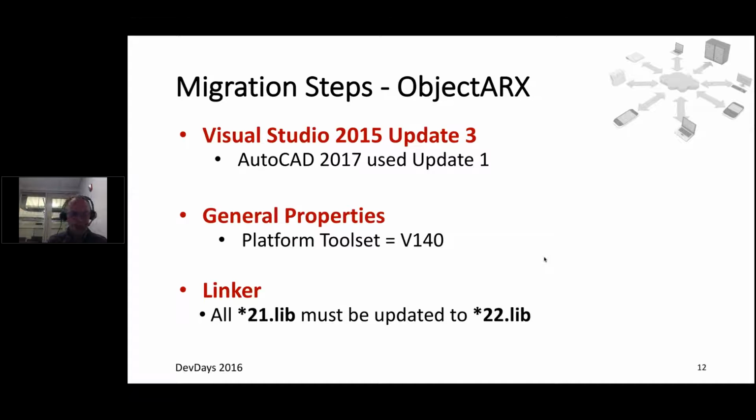So for example, for AutoCAD 2017, they make absolutely sure that any updates they make for AutoCAD 2017, for example the feature release that I mentioned before, they have a computer with Visual Studio 2015 Update 1 installed. And then when they develop applications for AutoCAD 2018, they make sure they only have Visual Studio 2015 Update 3 installed. So they're very strict about matching the exact update version when they do their builds.